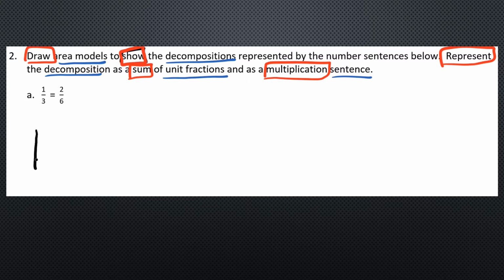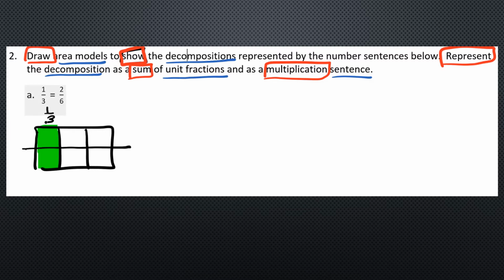So I will start with my 1/3. Show that first. And then, just like I did before, I'm going to draw that horizontal line to show that my 1/3 can become 2/6.